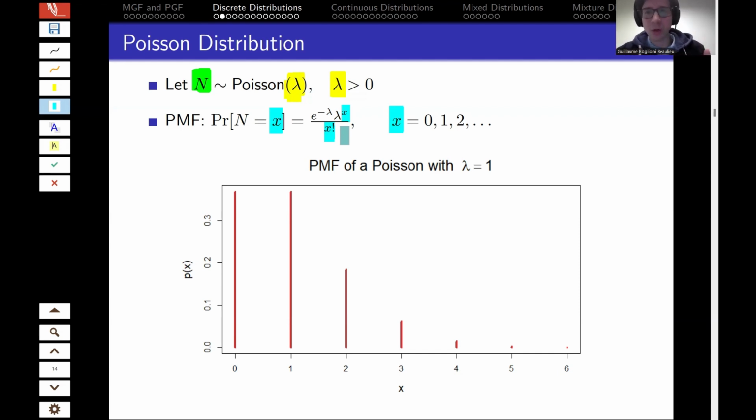So if all those assumptions are true, the number of events in any time period is going to be a Poisson random variable. You can prove this mathematically, but here I'm just reminding you of those facts.